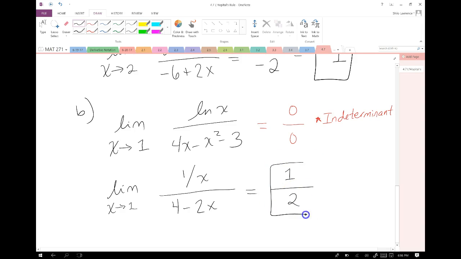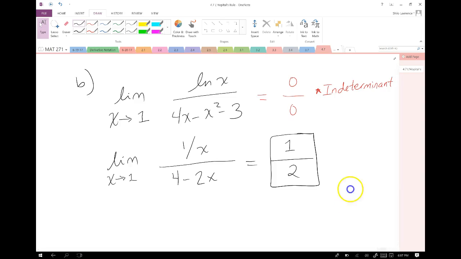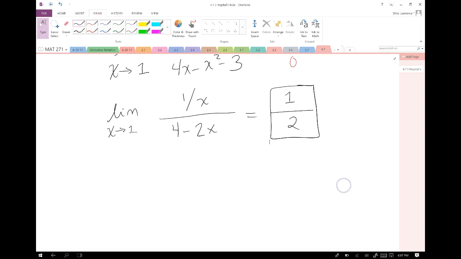So we get a half. So since the original numerator and denominator are going to the same place, what we're really comparing is how quickly they're approaching 0, and that's going to dictate where the value is going to stop.